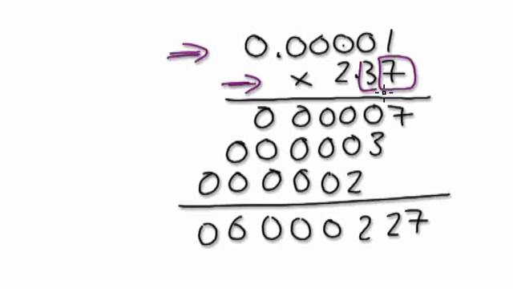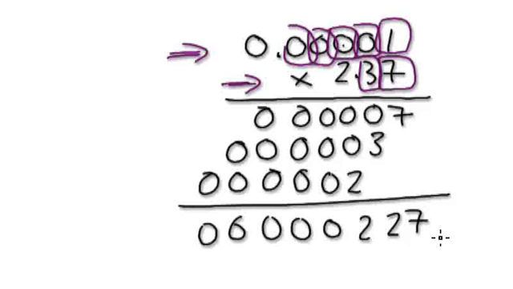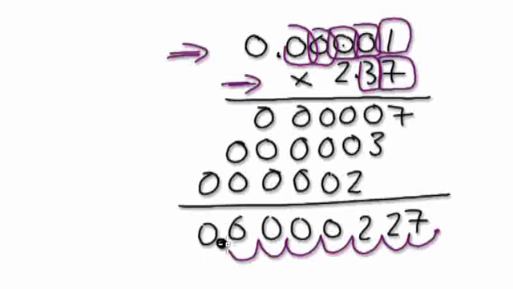So here we've got 1 decimal, 2, 3, 4, 5, 6, 7. So now our decimal is here at the moment. We've got to move it 7 places to the left. So 1, 2, 3, 4, 5, 6, 7. So our decimal would be here. Okay.